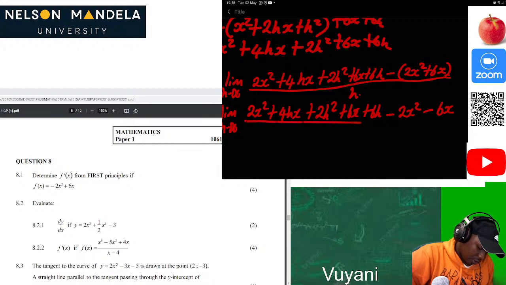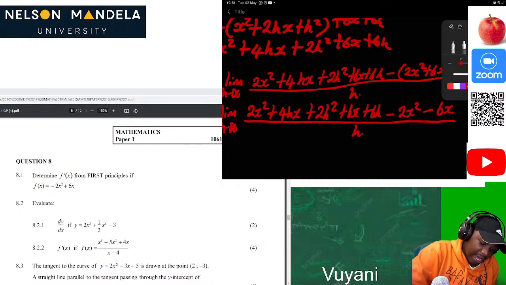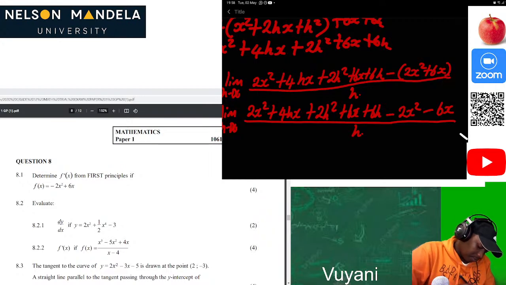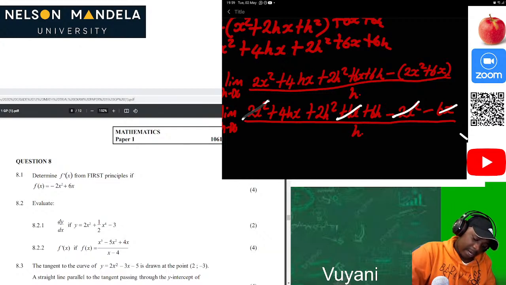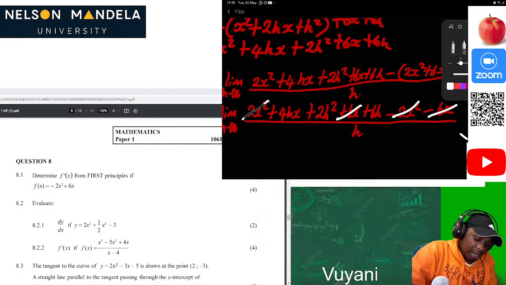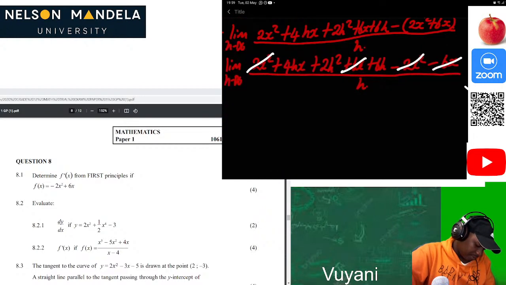Then we divide all through by h. Now there are like terms there. Let's cancel. This minus this will be 0. This minus this will also give us 0. Then we are left with few variables, so now we can proceed from that point.